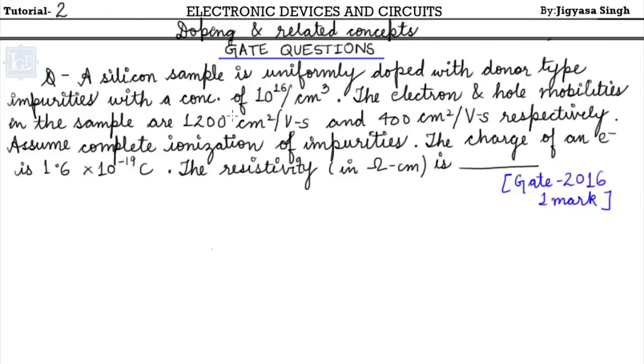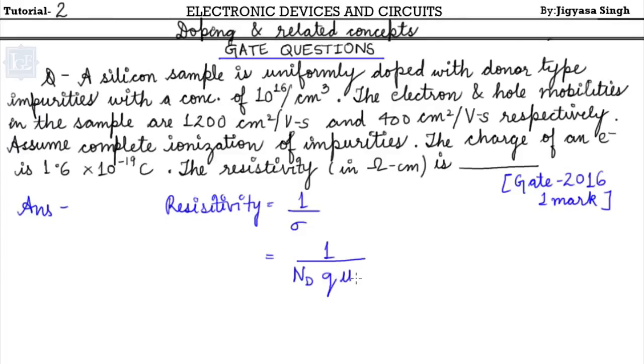So this is, we have done this also in the starting of the video. Resistivity is the reciprocal of conductivity. And what is the conductivity here? See, it's this. Can I write it like this?